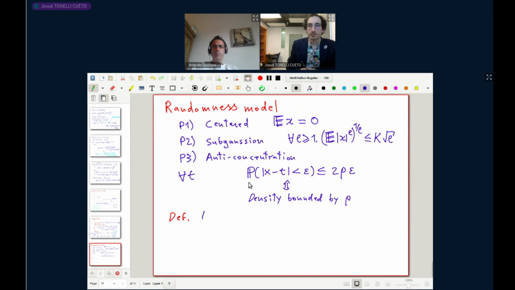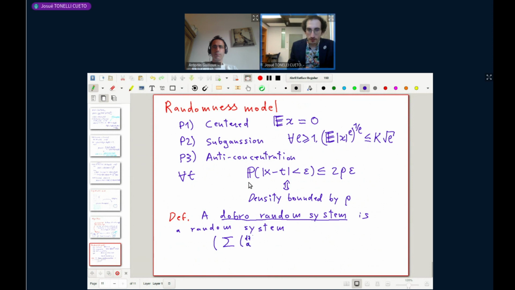And with this abstraction we then define a random system. Here we write psi_i alpha, c_i alpha, X capital alpha.